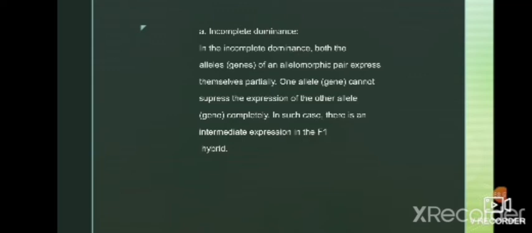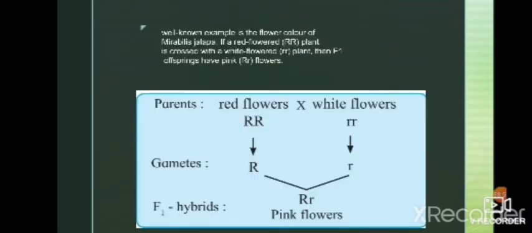In such a case, there is an intermediate expression in the F1 hybrid. A well-known example is the flower color of Mirabilis jalapa.